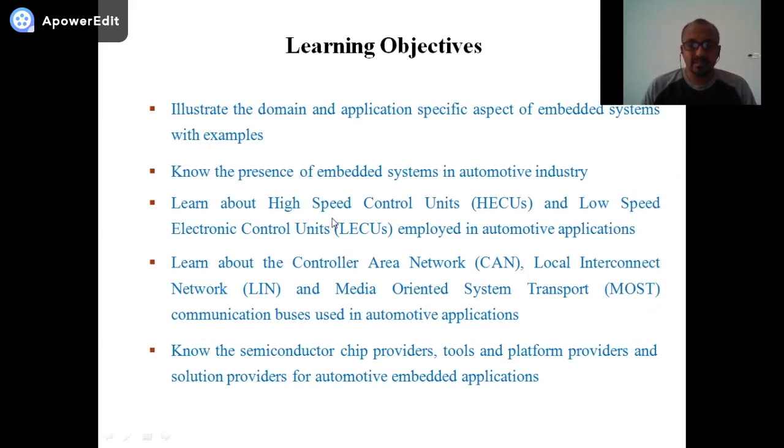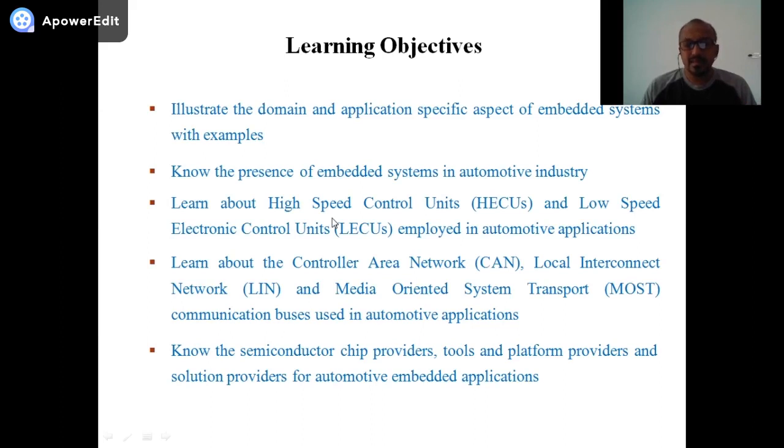First we learn domain and application specific aspects of embedded system, and then we learn a specific application example, that is a washing machine, explained in much more detail.